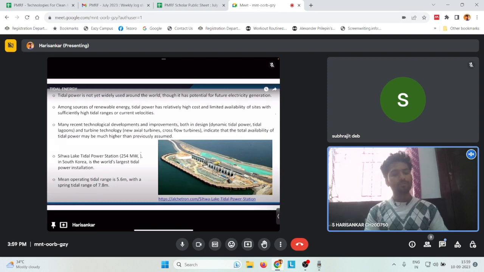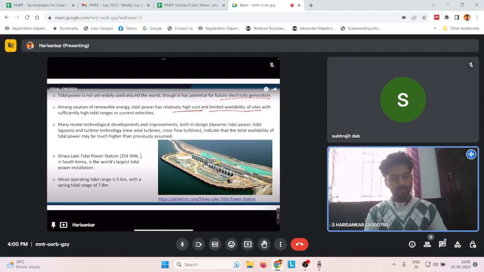Tidal power is not yet widely used around the world, although it has potential for future electricity generation. Among the sources of renewable energy, tidal power has relatively high cost and limited availability of sites with sufficiently high tidal ranges or current velocities.